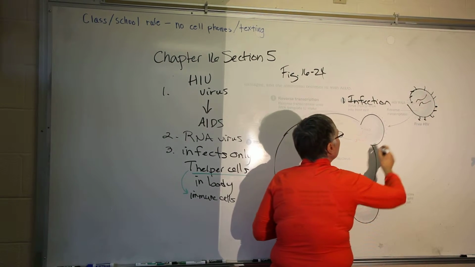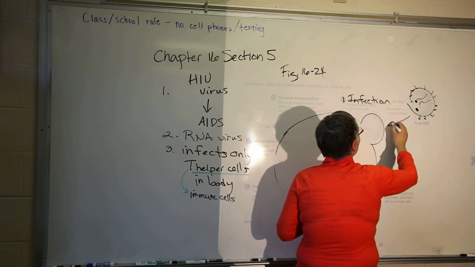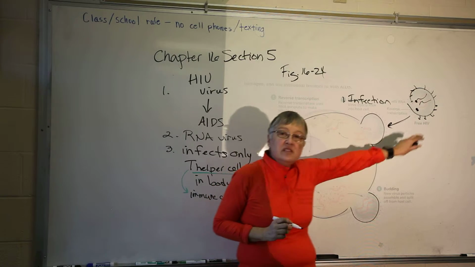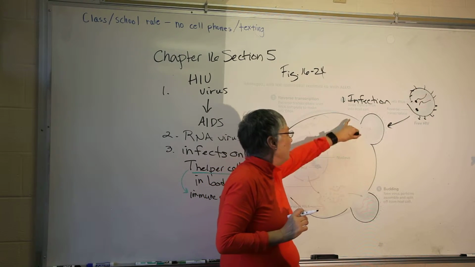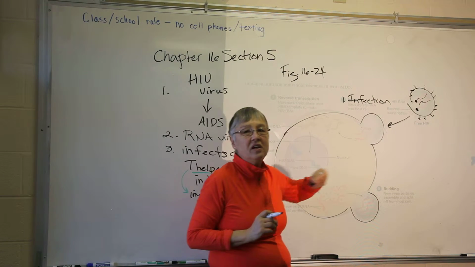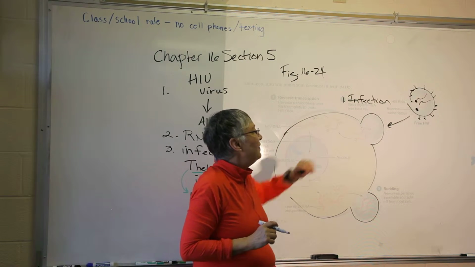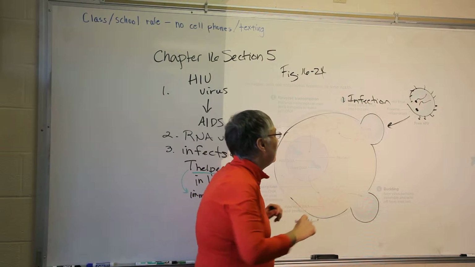It also has an enzyme. The surface of the virus recognizes or can attach to certain protein markers on the surface of the T helper cells, and that's how it actually attaches to a T helper cell.